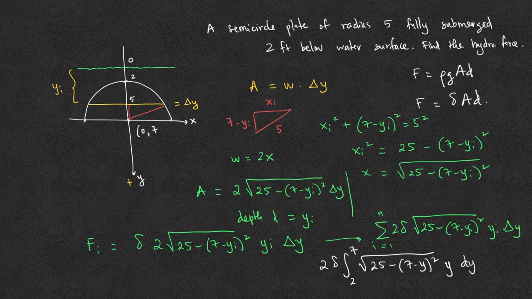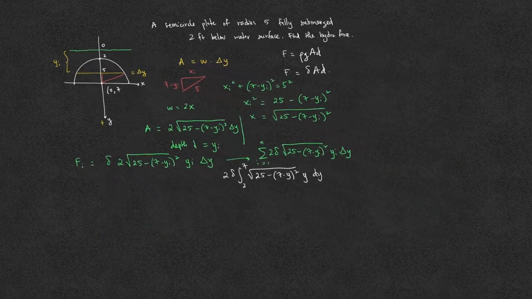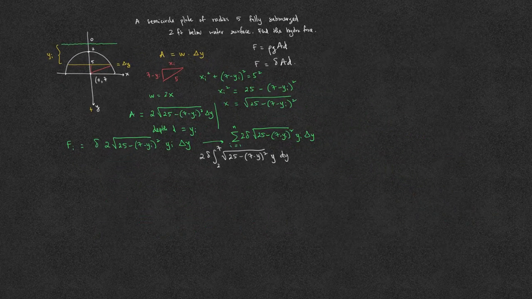The lower limit of integration is 2 and the upper limit of integration is 7. We only integrate where we can slice the plate. It is now okay to put this integral into a calculator and obtain the answer 11,972.25 pounds, which is the unit of force.